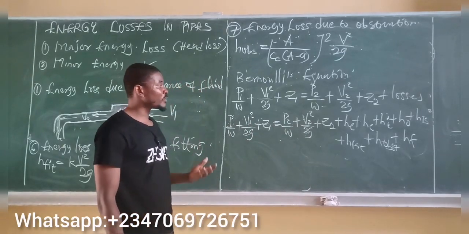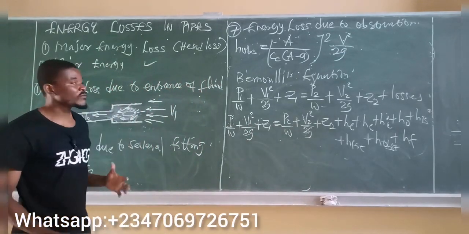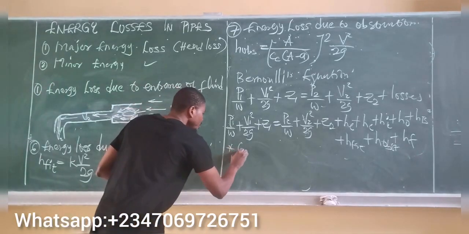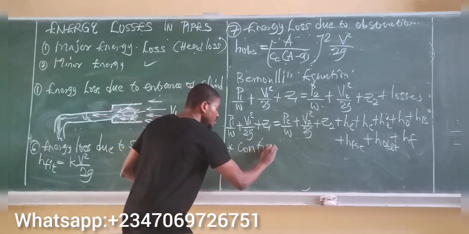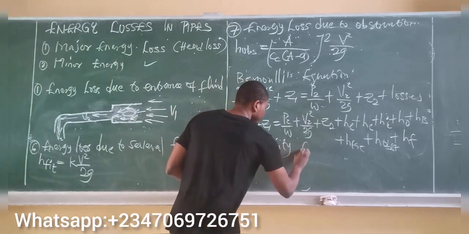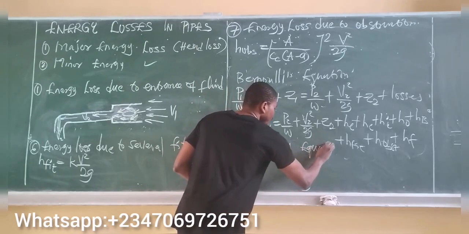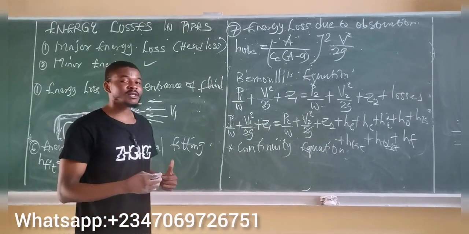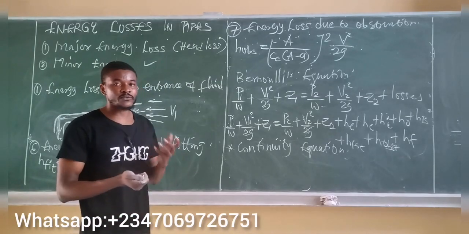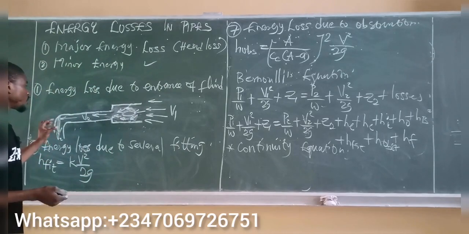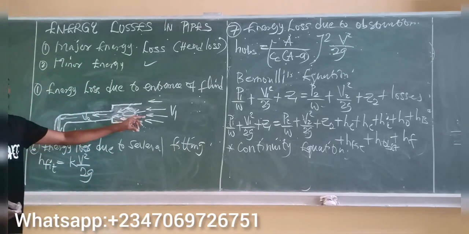Another important equation to be employed in solving for energy losses is what is called the continuity equation. I've also done a video on this. Just go through my playlist on fluid mechanics for proper understanding. And what is the continuity equation? It is an equation that governs discharge of fluid flow in a pipe. The equation is simply saying that the discharge of flow at entrance equals the discharge of flow at exit.